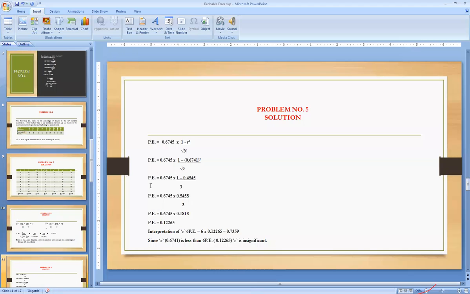Now we should apply the formula of probable error, that is PE equals 0.6745 into 1 minus r square divided by square root of n. Substitute the values: 0.6745 into 1 minus r square. Now we should see the value of r, what we got here.